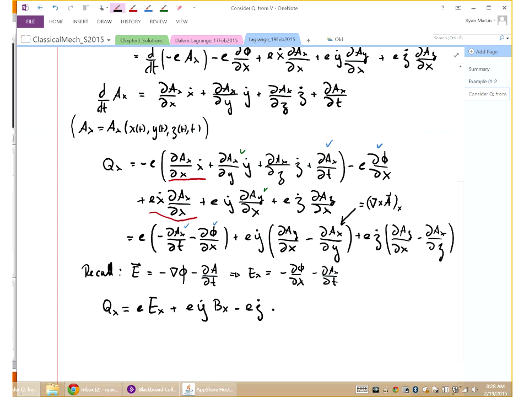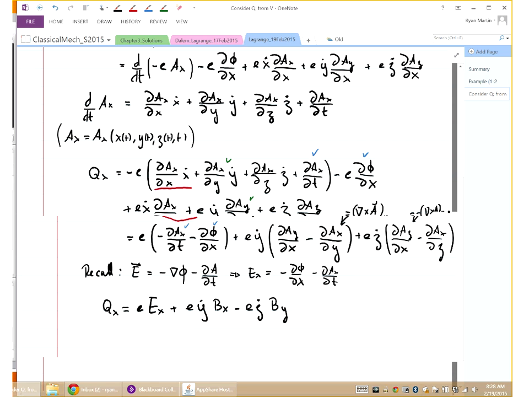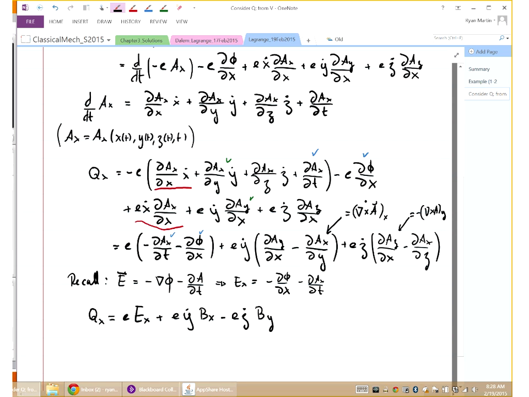And then similarly, the second term is e z dot by. So this term here is equal to minus the curl of A, y component.